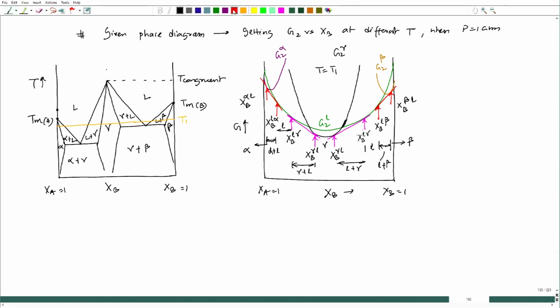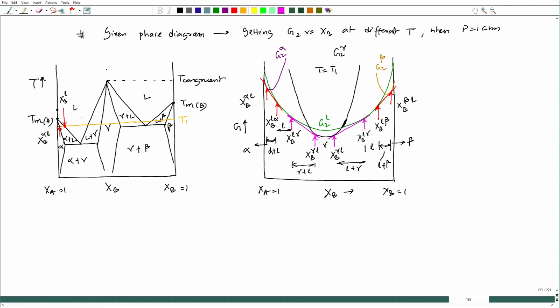So, one particular point is this point, which is X_B alpha in equilibrium with liquid. This one is X_B liquid in equilibrium with alpha.